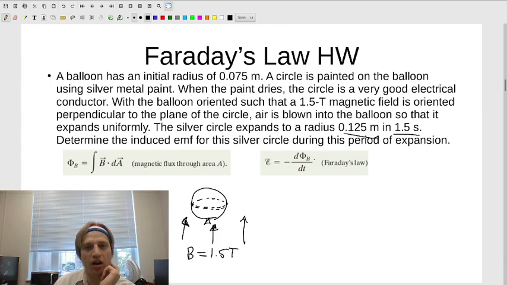So when you're trying to find the induced EMF doing this homework problem, I would want you to do it sort of, it's the change in the flux over the change in the time, and essentially that could be the change in B times the... sorry, let me put it this way.